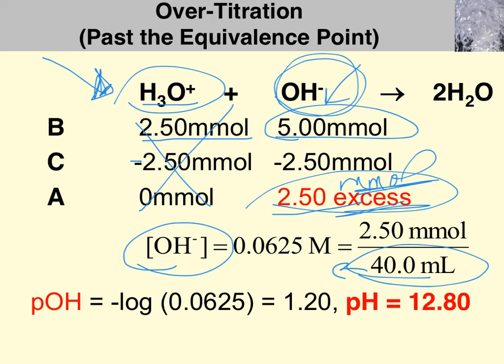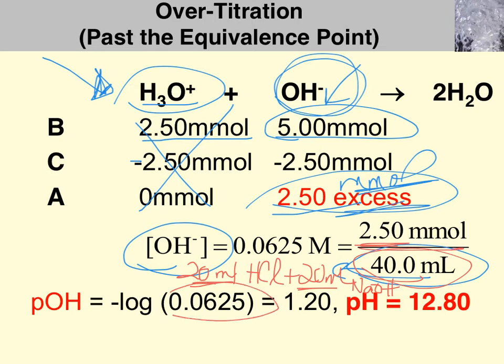Well, we started out with 20 milliliters of the original HCl, and we just added 20 milliliters of the sodium hydroxide, which granted is too much, but that's the total volume that's in that Erlenmeyer flask now. So we have to divide 2.5 millimoles of hydroxide that's in excess by 40 milliliters, which gives us a concentration of 0.0625.